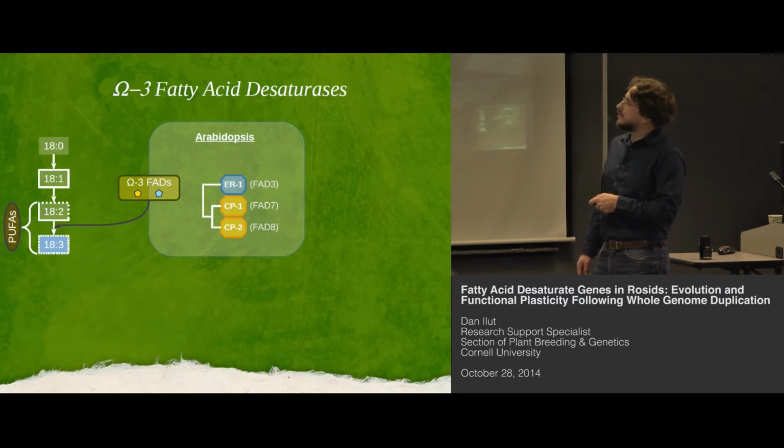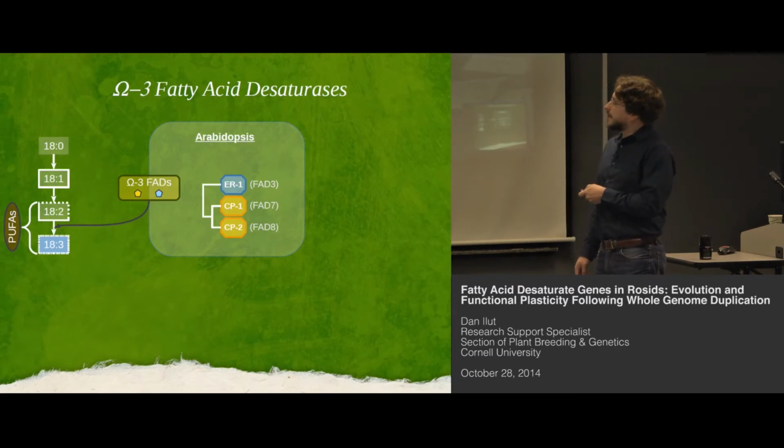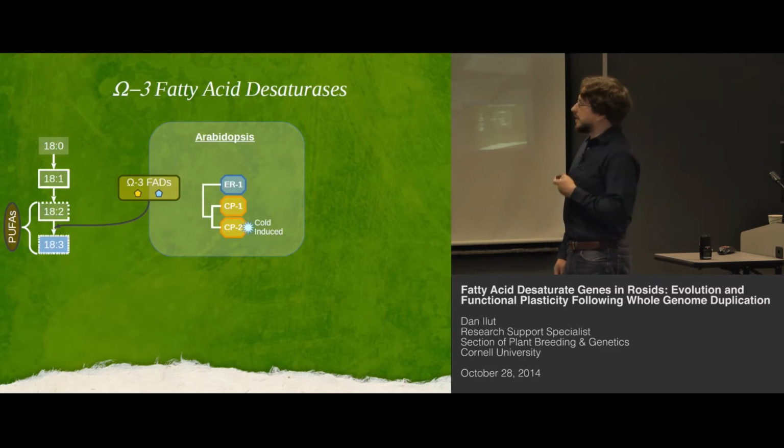And there's one that encodes for enzymes functioning in the ER, and 2 copies that encode for enzymes functioning in the chloroplast. And functional characterization in Arabidopsis indicated that this particular copy is cold-induced. So when there is cold stress, the product from that particular gene is increased.